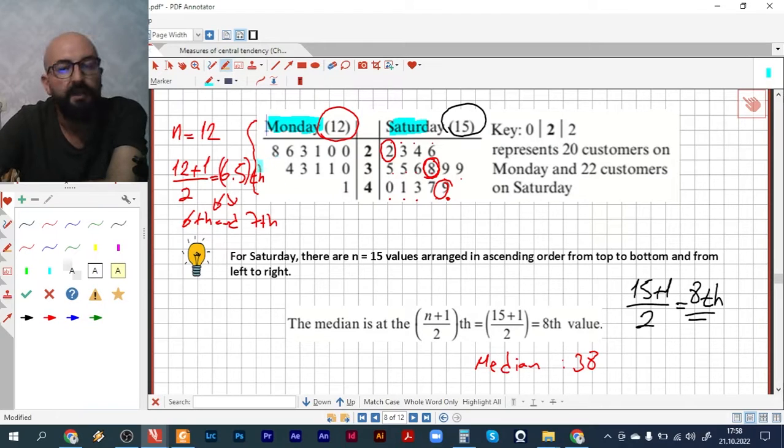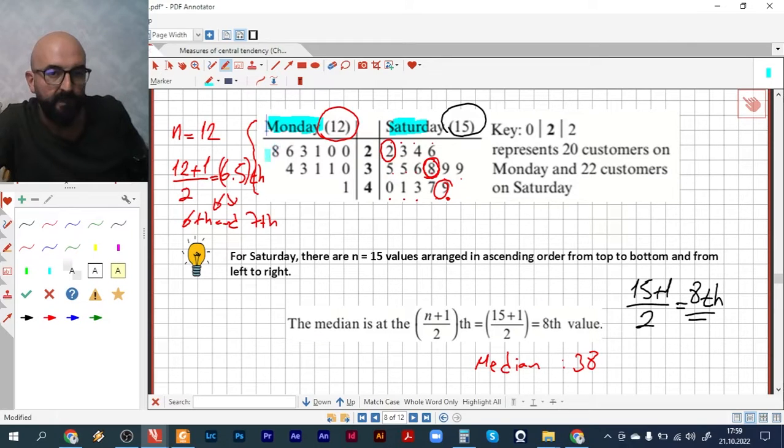If I start from this value: 1, 2, 3, 4, 5, 6 and 7. But you can also start from the biggest value: 1, 2, 3, 4, 5, 6, 7, and you can take these values.